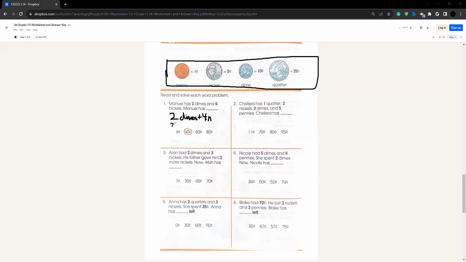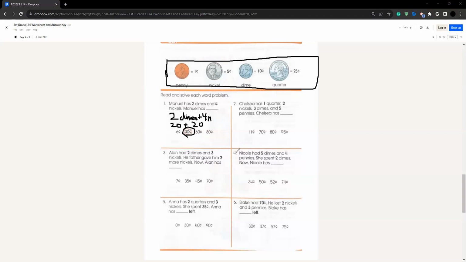So 10 plus 10, 20, plus 4 nickels. 4 nickels, we need to add 5 4 times to get the total money. And so 5 plus 5 plus 5. 5 plus 5 is 10. And another 5 plus 5 is 10. And 10 plus 10 is 20. So 20 plus 20 is 40.